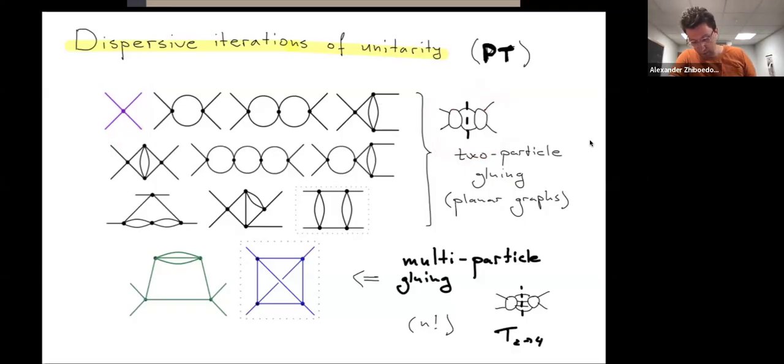But then when we go to multi-particle gluing, you see that we have this new object T2 to 4. And at this point already, you can ask me or yourself, how are we going to ever solve this problem? Because the system of equations is not closed, of course. And so this is the crux of the problem, and we will have to answer this question somehow.